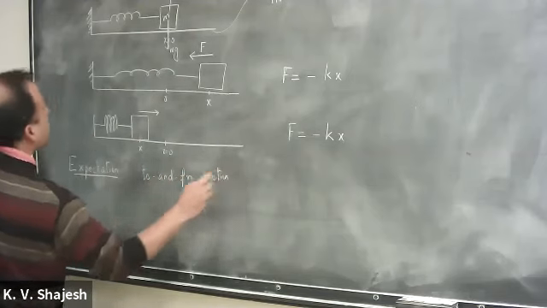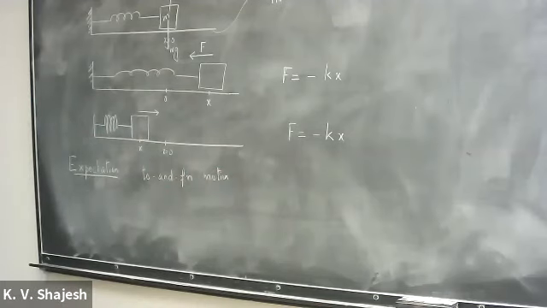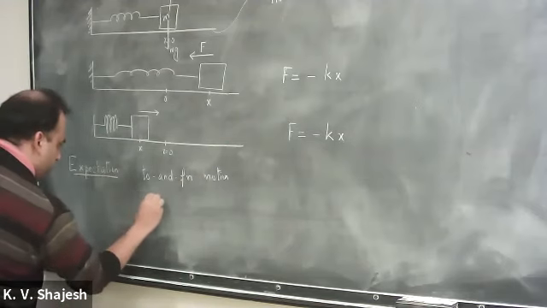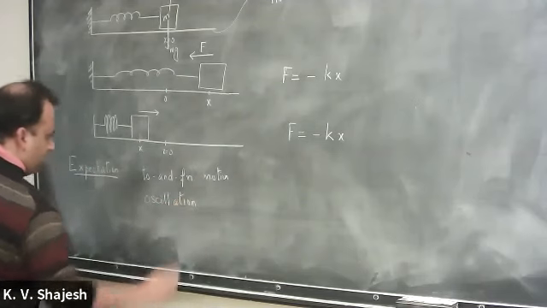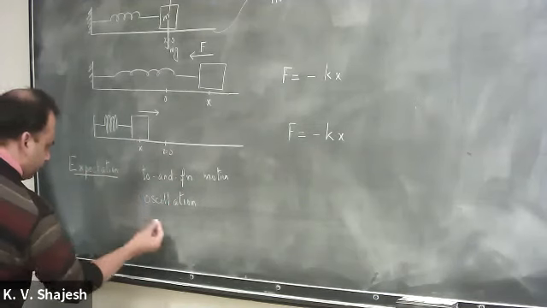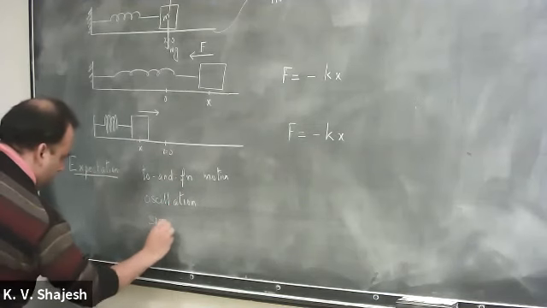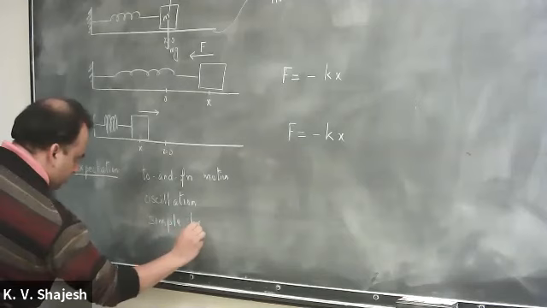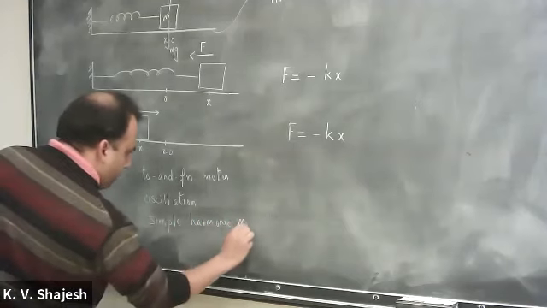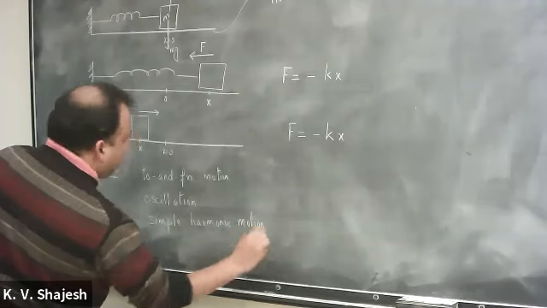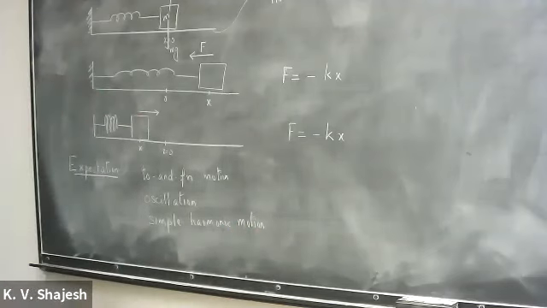And technically, this motion is called an oscillation, or more precisely, a simple harmonic motion, under these assumptions that we have no friction and everything is horizontal.